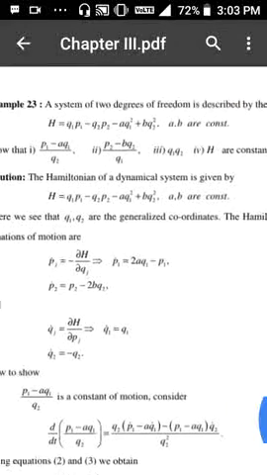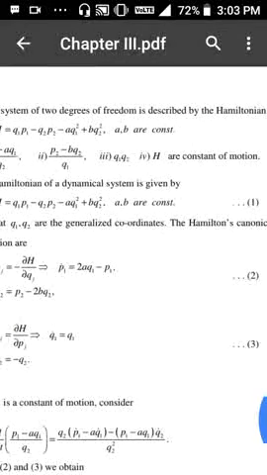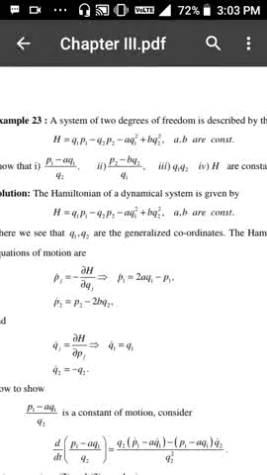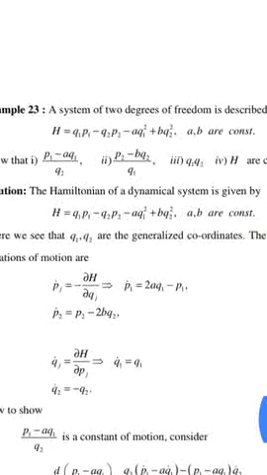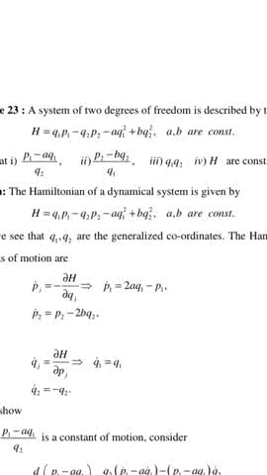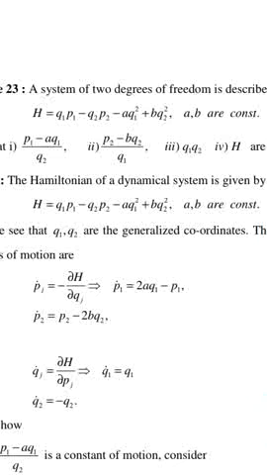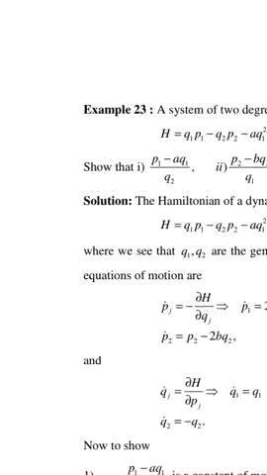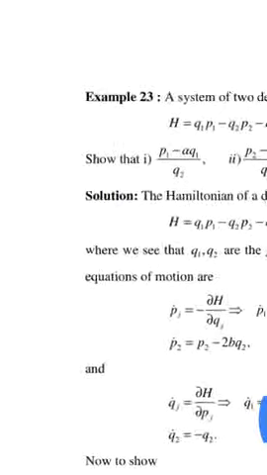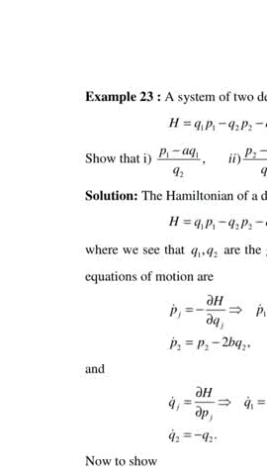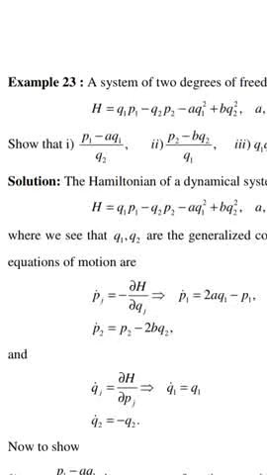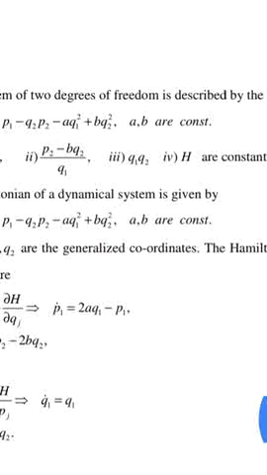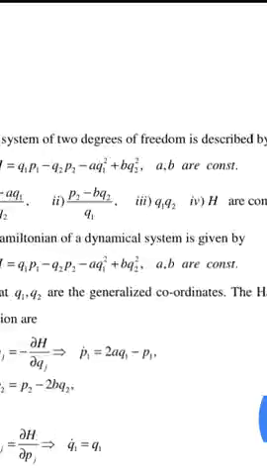A system of two degrees of freedom is described by the Hamiltonian H = Q1P1 - Q2P2 - aQ1² + bQ2², where a, b are constants. Show that (P1 - aQ1)/Q2, (P2 + bQ2)/Q1, Q1Q2 and H are constants of motion.